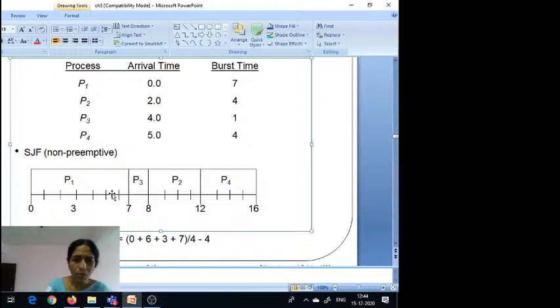That means 1, 2, 3 milliseconds the process is in waiting position. So the waiting time for P3 is 7 minus 4, which is 3.